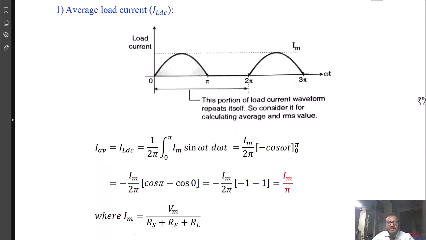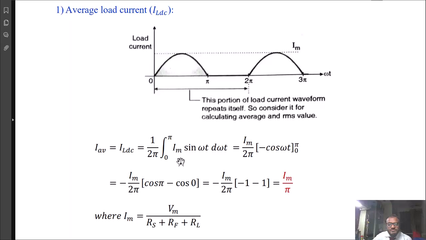Now, if we want to find the average value of this waveform, we can apply the average value formula. The average value IAV is given by 1 by 2 pi, integral 0 to pi, Im sin omega t d omega t. It is also denoted by ILDC.